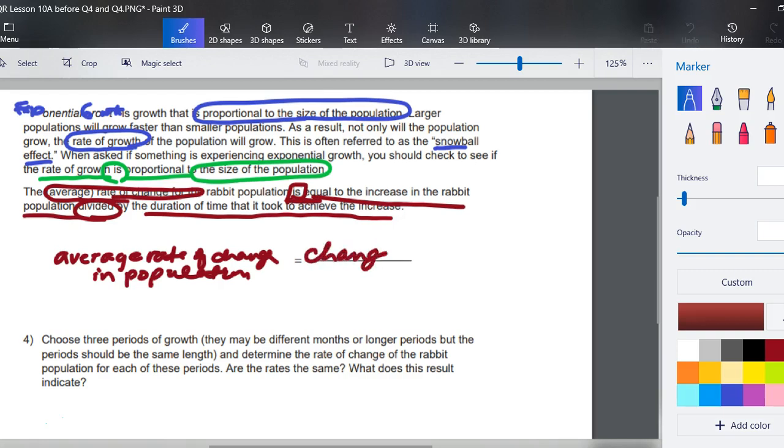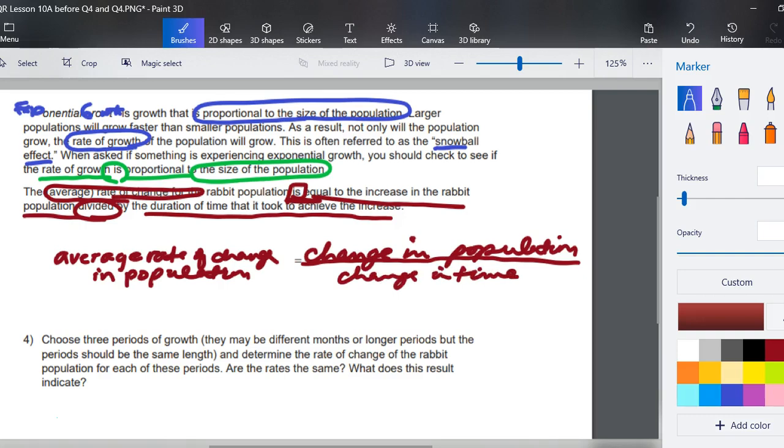So in other words, what's the change in the population? Whatever we're looking at, we're going to look from here to there. What did we go up? What did we go down? And we are talking about growth, so we're going up. Divided by the change in our time. How much time are we looking at? A year? 3 months? 1 month? What are we going to be calculating this over?